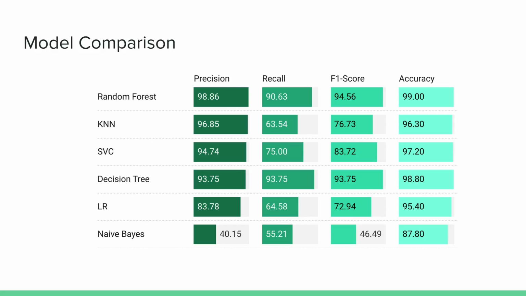And finally, we can see that naive Bayes performed very poorly. This is because naive Bayes assumes conditional independence between features, and our data set is from the real world. And in the real world, features are interconnected, because to get a loan or not, our features must interact with one another. As a result, naive Bayes performed poorly.